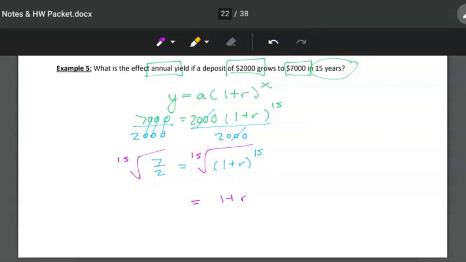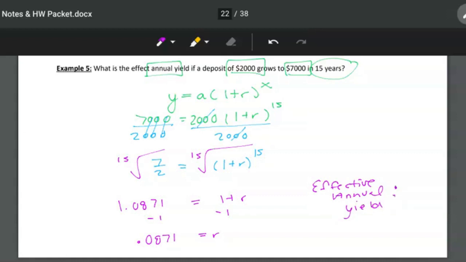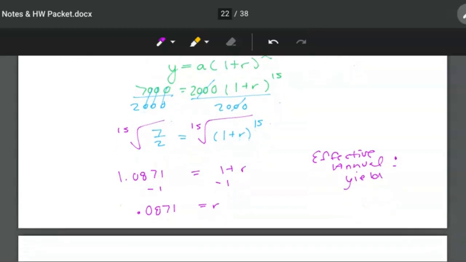Then on the left side, if we type that into our calculator, the 15th root of 7/2 is about 1.0871. Then if we subtract 1 from that, you get 0.0871 is our r value. Your effective annual yield would be the percentage you get in a year. That would be your r value. So we just have to turn it into a percent. It would be 8.71%. And that's what they wanted to know there.